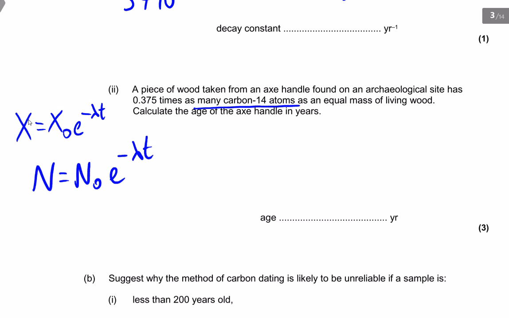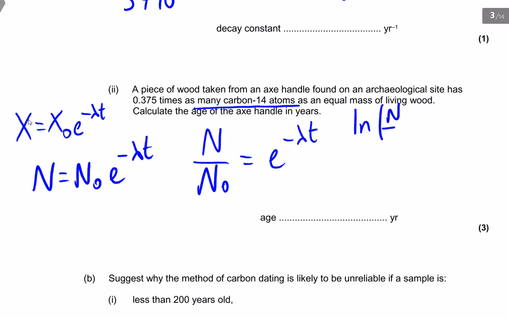We are then going to put those numbers in. So we're going to get N over N naught equals e to the minus lambda t. Taking logs of both sides, I haven't left myself a lot of room here, we're going to get ln N over N naught equals ln e to the minus lambda t.